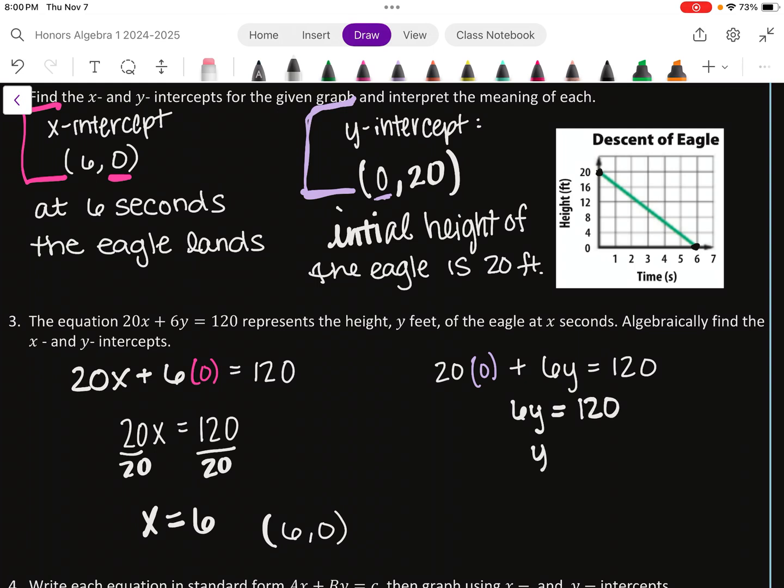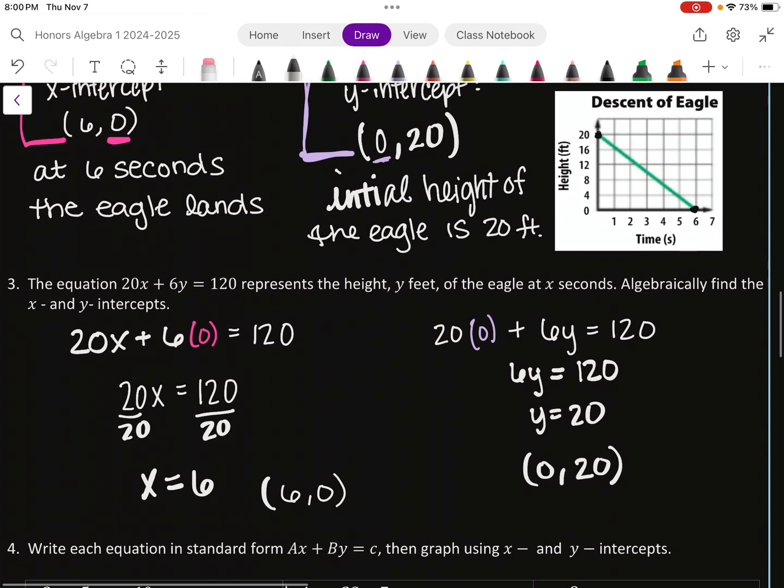Divide both sides by 6. y is equal to 20. But we don't write it like that. We write it like (0, 20) as an ordered pair, because intercepts are ordered pairs. So looking at a standard form equation, finding the intercepts is really nice as long as A and B divide C nicely.